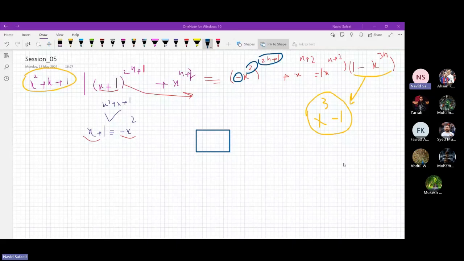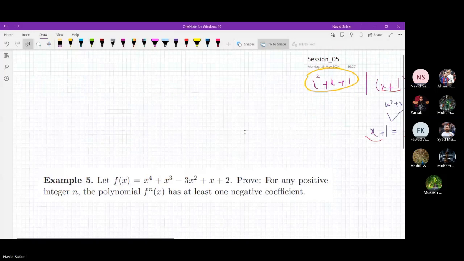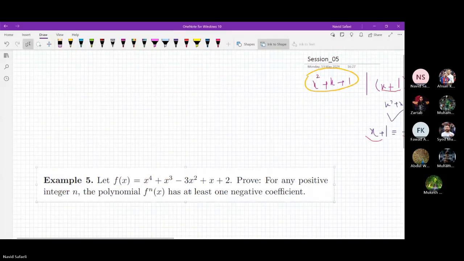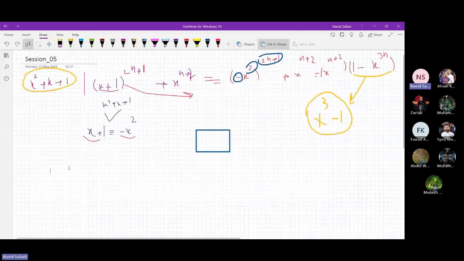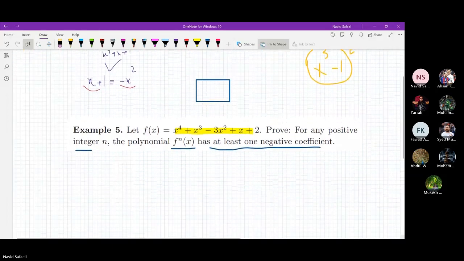Now, work on this example. Let f of x be this. Prove that for any positive integer n, f of x to the power of n has at least one negative coefficient. Okay?